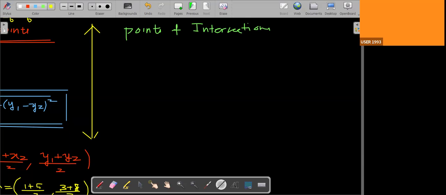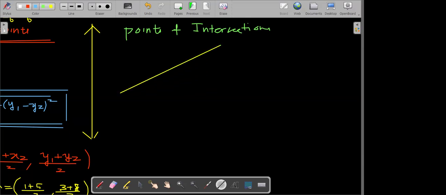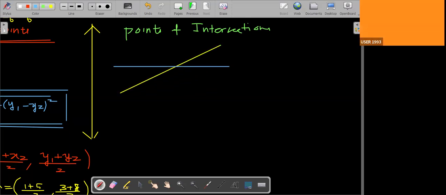Imagine two straight lines are intersecting, something like this. This is the point we call the point of intersection. We are supposed to find the coordinate of that point. Say this line's equation is 2y is equal to 3x plus 1, and this line's equation is y is equal to minus x plus 3. You get it?